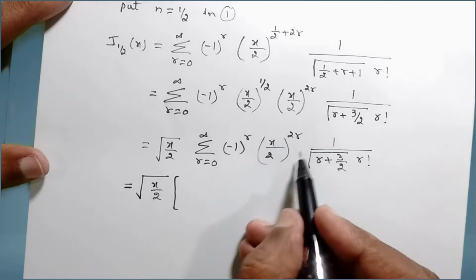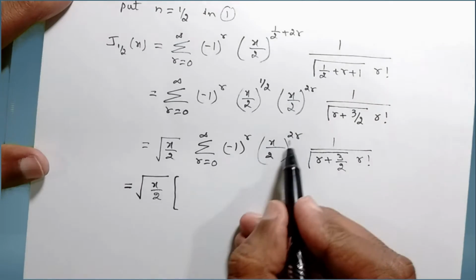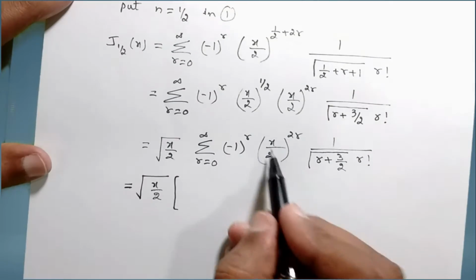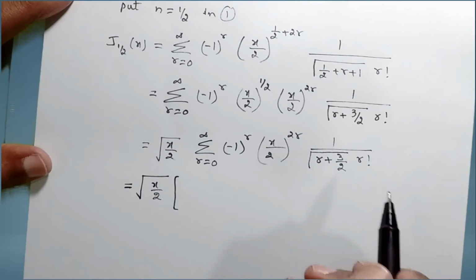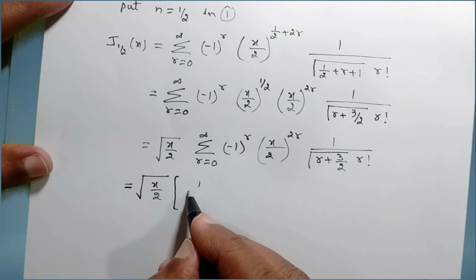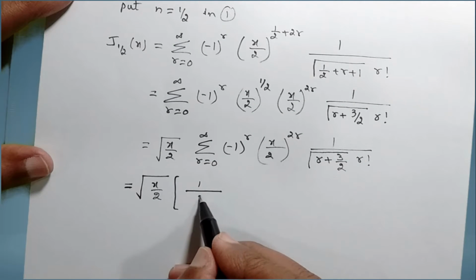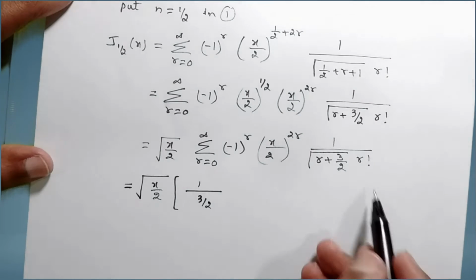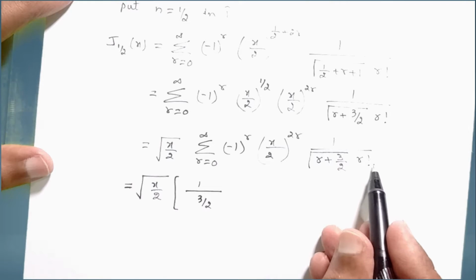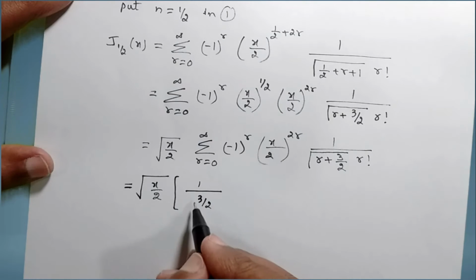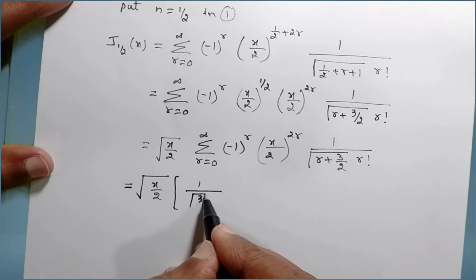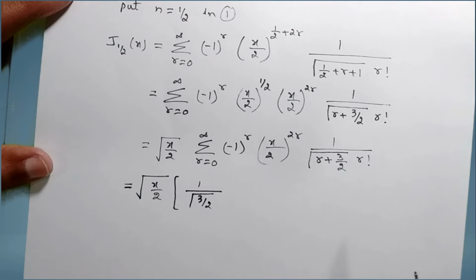Again here also r is 0, so x by 2 to the power of 0 is 1 itself. Both these products are 1. Here we are left with 1 by gamma of 0 plus 3 by 2, which is 3 by 2, and r factorial is 0 factorial, which is 1. So we just get 1 by gamma of 3 by 2. That is the first value.